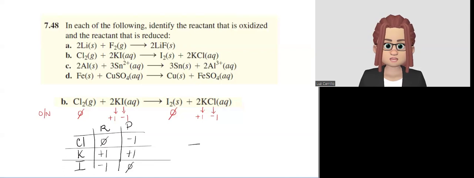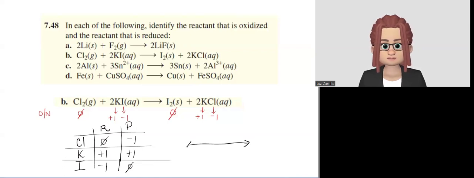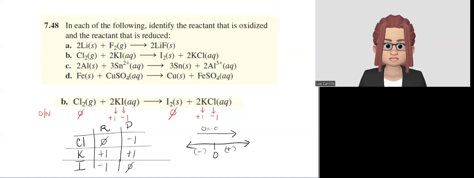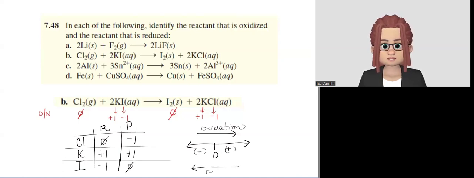I redraw my number line, where this is 0, this is positive, this is negative. Anything going in this direction is considered to undergo oxidation. Anything in this direction is considered going through reduction.